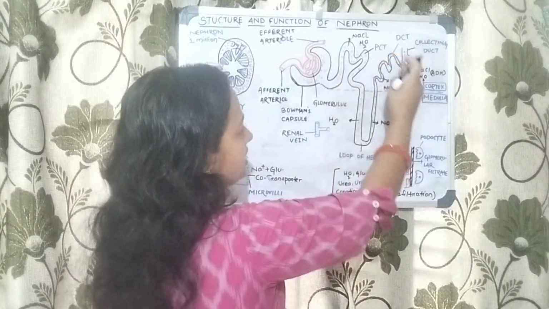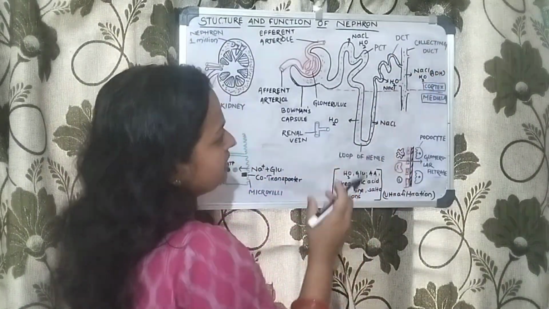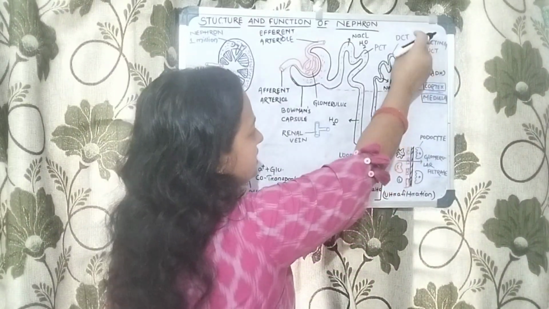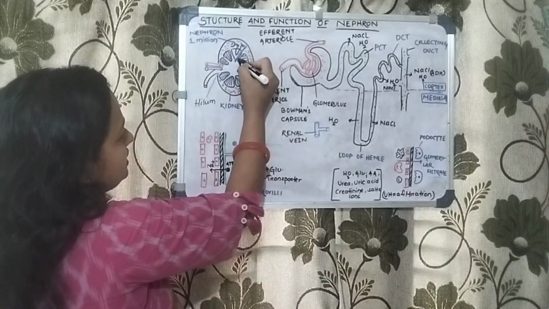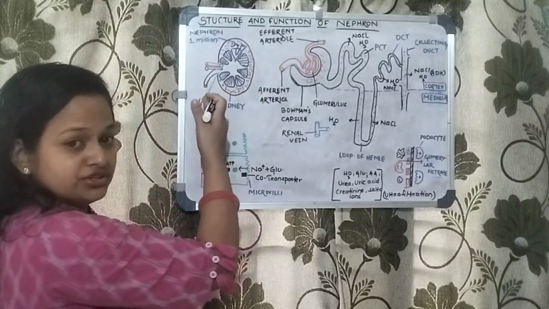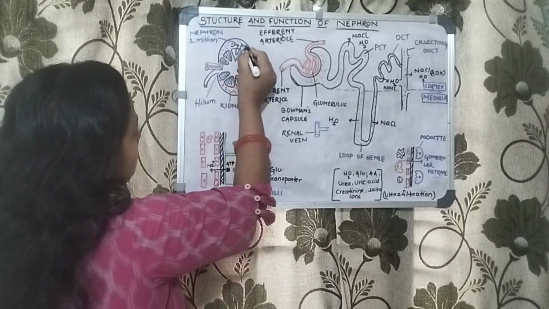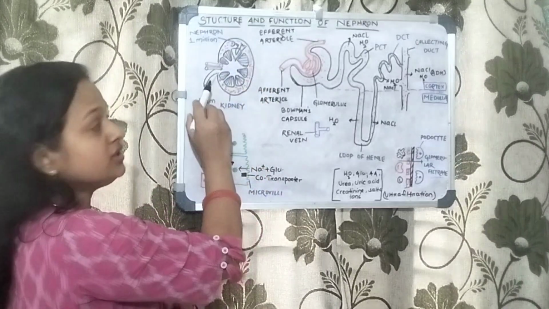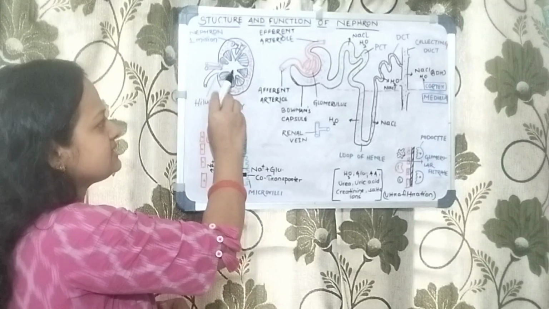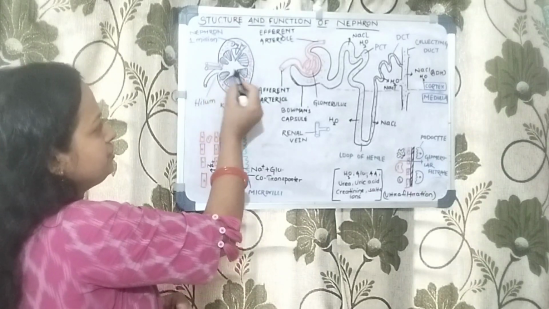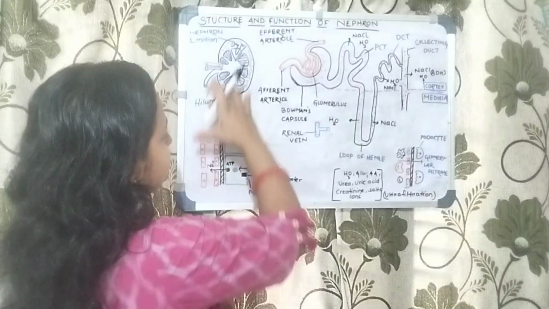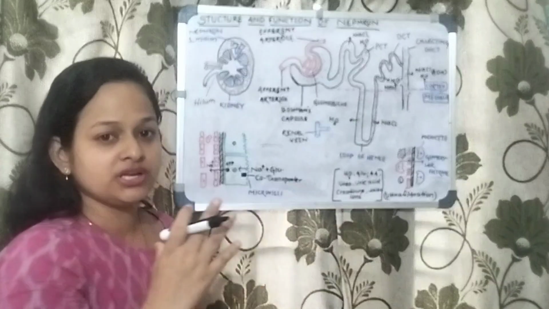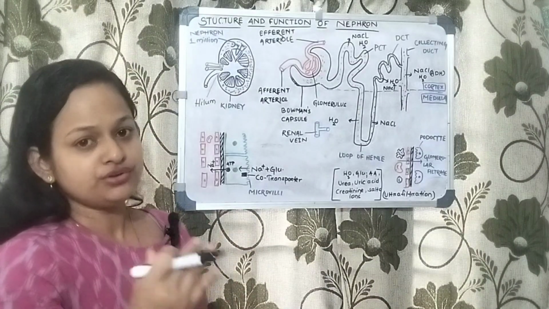Many nephrons are attached to one collecting duct, and this collecting duct brings the urine into the renal pelvis, and from the renal pelvis the urine comes to the ureter. So these were the parts of a nephron, or the structure of the nephron.